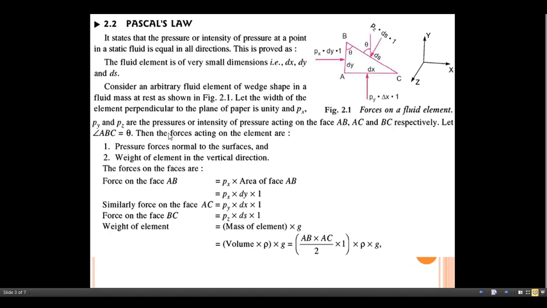The first is the pressure force normal to every surface, and next, the weight of the element in the vertical direction.